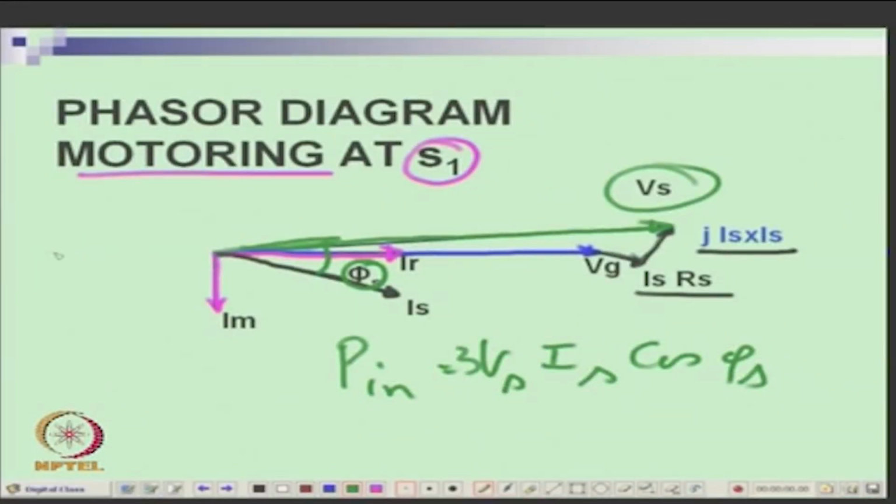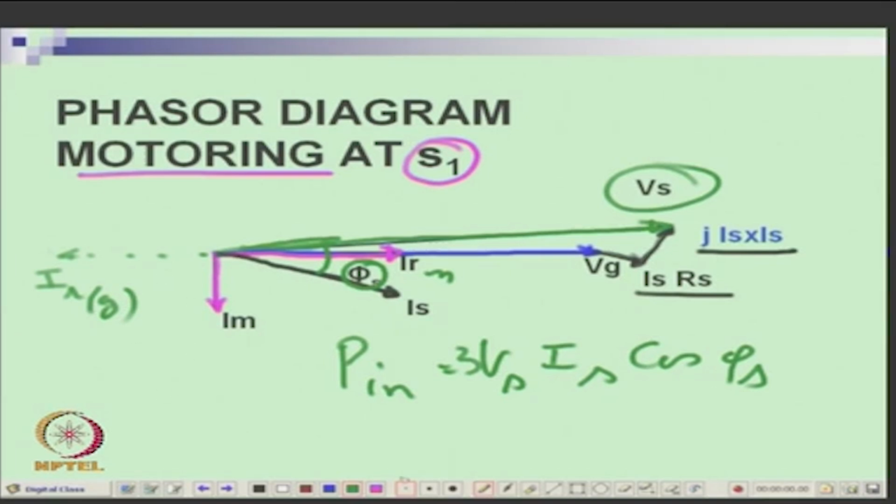Rotor current will be out of phase with the Vg. See, rotor current was here, then it would have gone here. See, if this is for motoring, you would have got IR for generating, is it not? Okay. Will IM change? IM will not change, right. So, then all the other things will change.